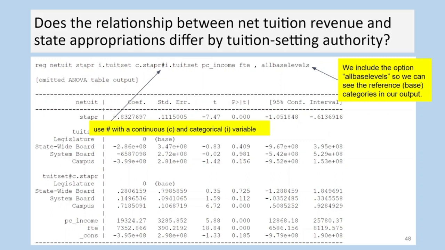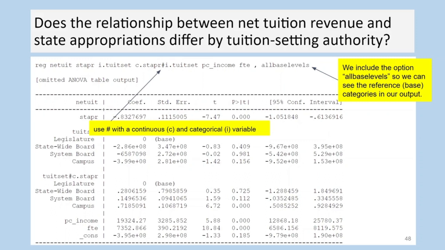Because technically you could add them, the state appropriations and the statewide board and the system board, but that doesn't serve any purpose because the p-value doesn't tell you anything. You could get a value, but the value is kind of junk information. Right. So there's no point to waste the extra time.